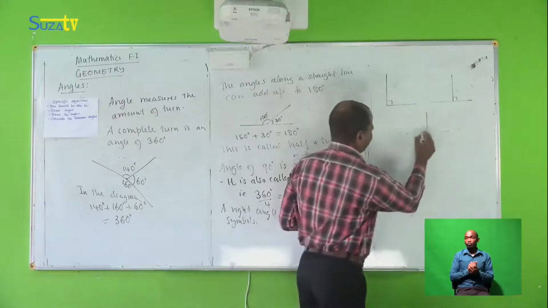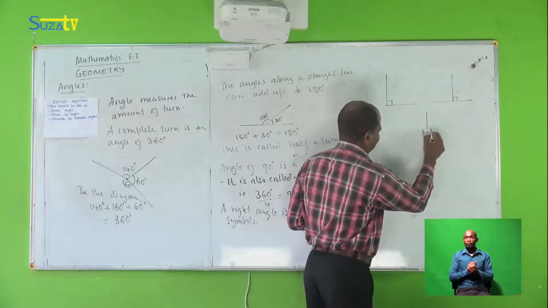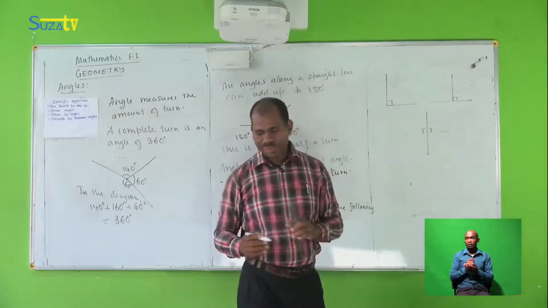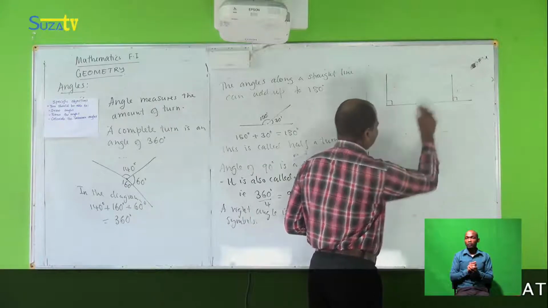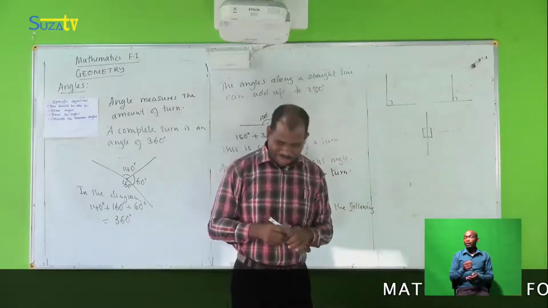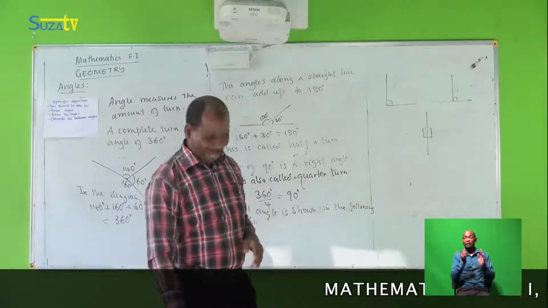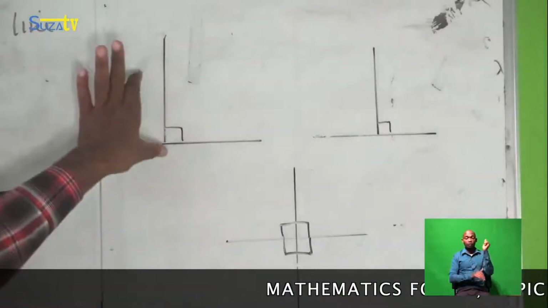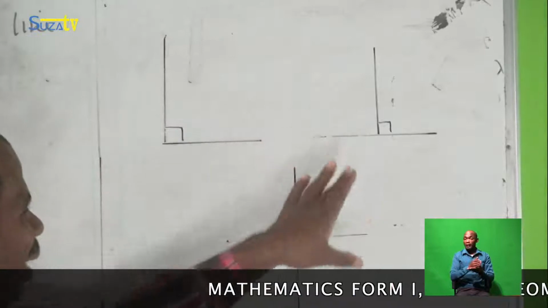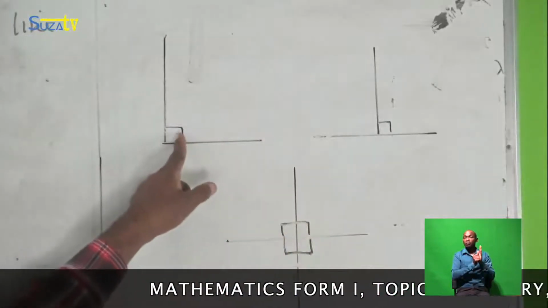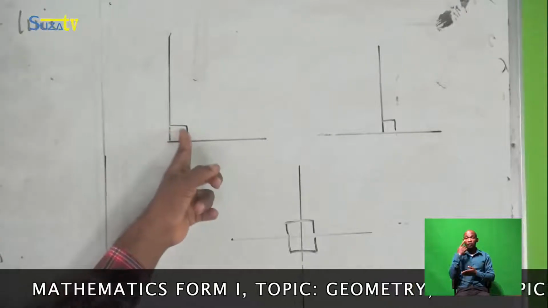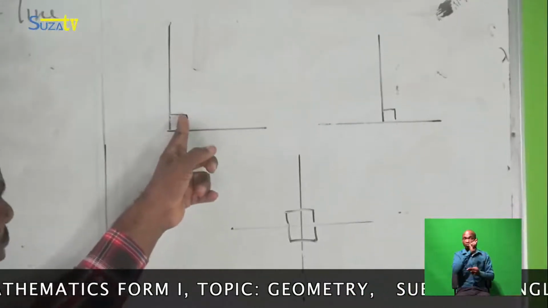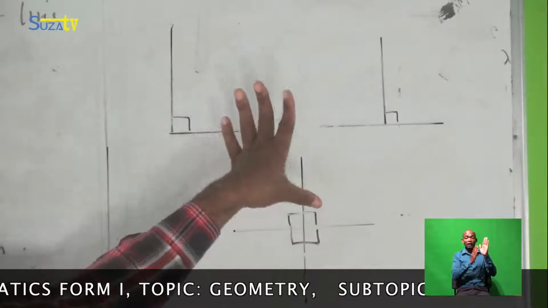So these three symbols are used to represent right angles. So here the angle is 90 degrees. It's not always written, but you see such symbols to represent 90 degrees.